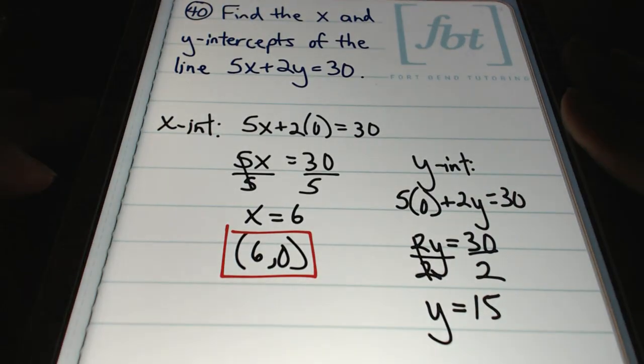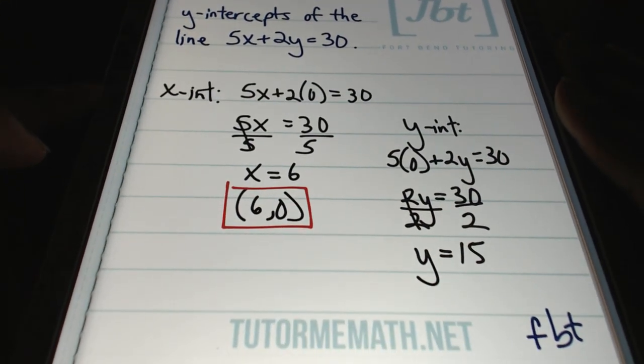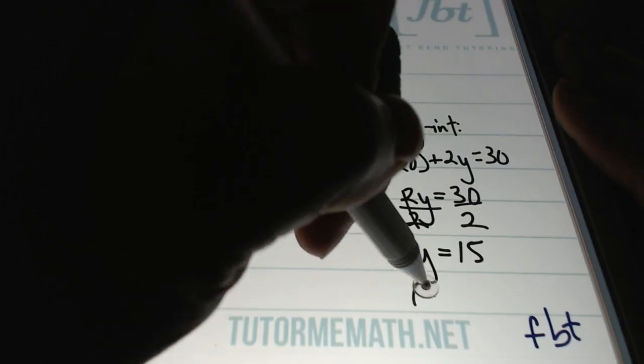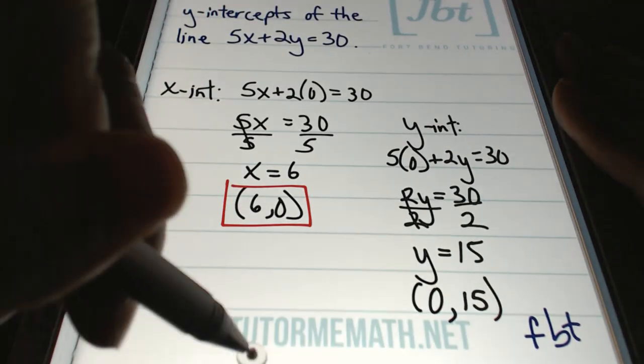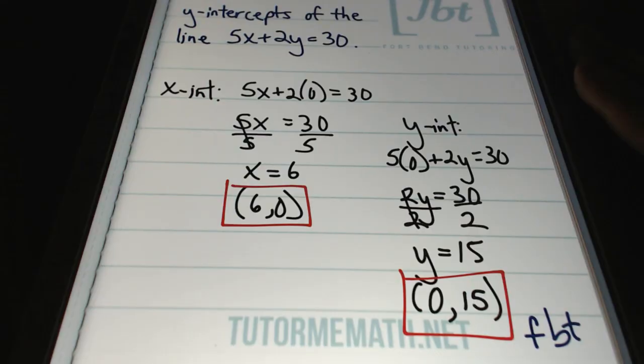So as an ordered pair, your y-intercept is going to be (15, 0). No, (0, 15). Thank you. Had to check myself there. There you go. So you end up with (6, 0) and (0, 15).